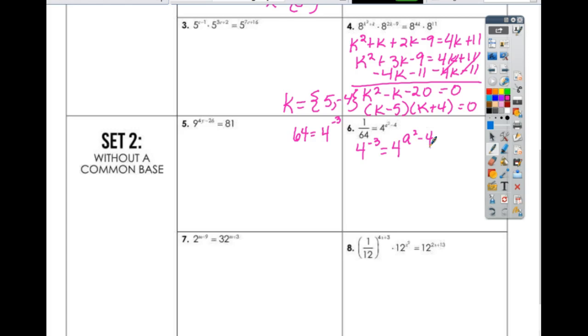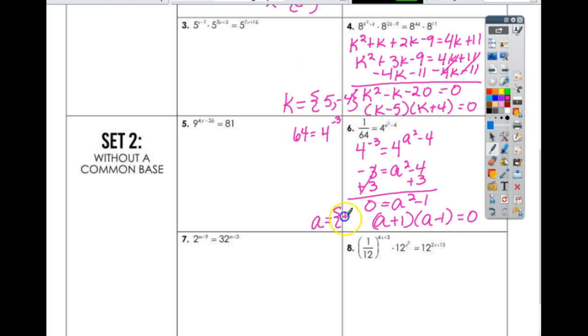So now are they the same? So now we can do the exponents. So I have negative 3. I'm going to add the 3 to the other side. So I get a plus or minus 1 here.